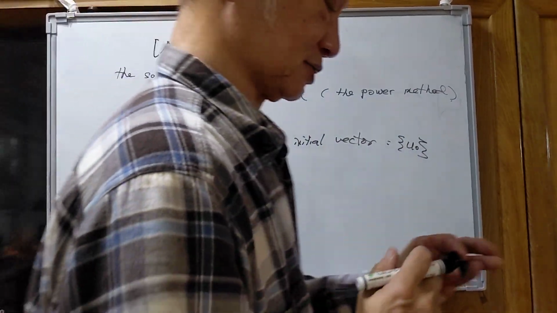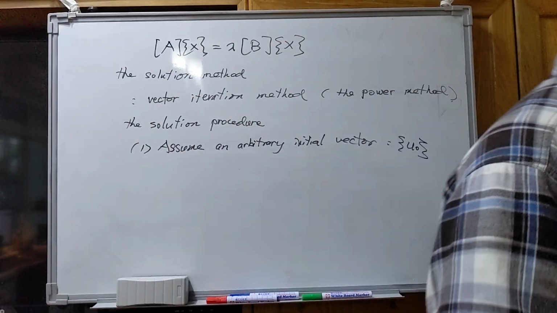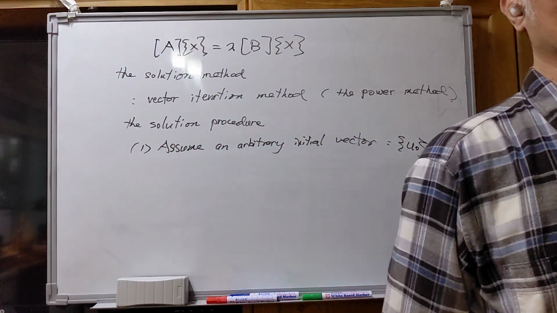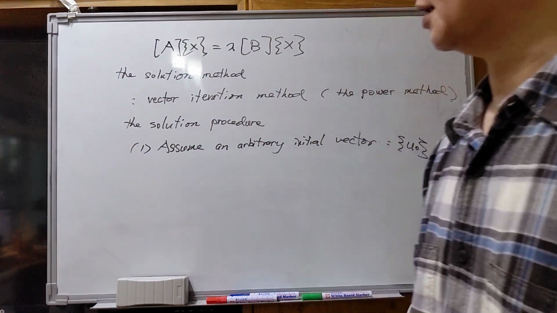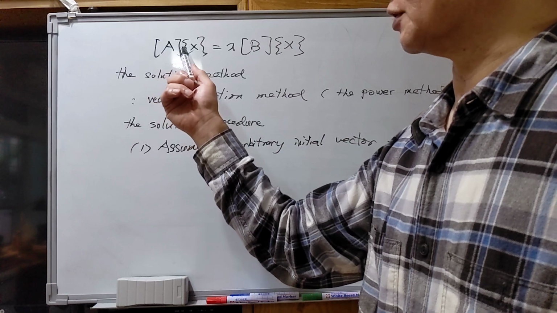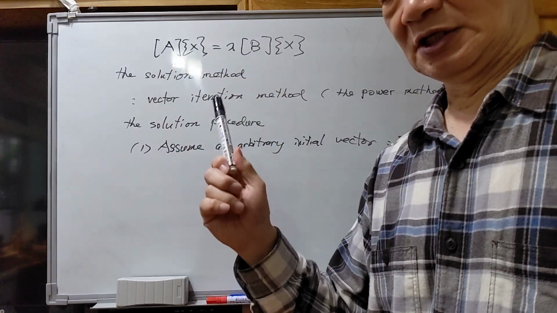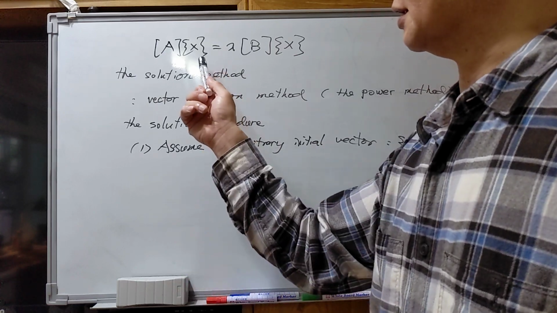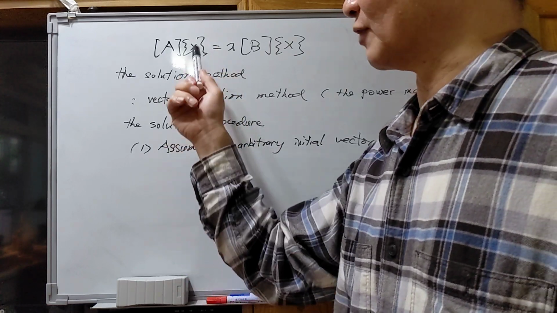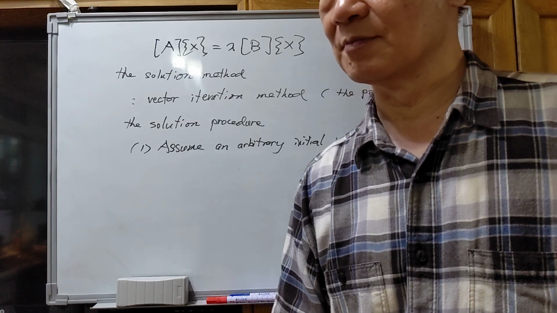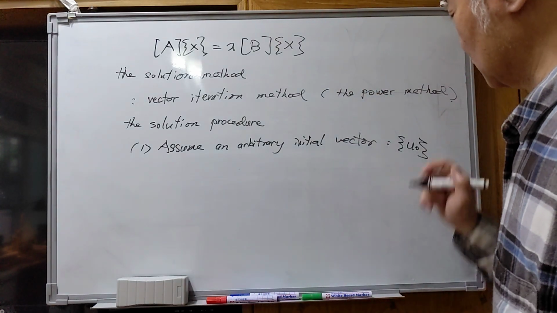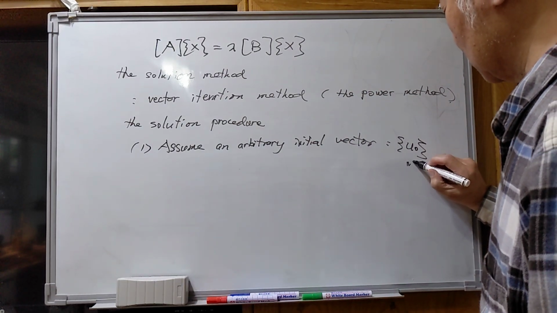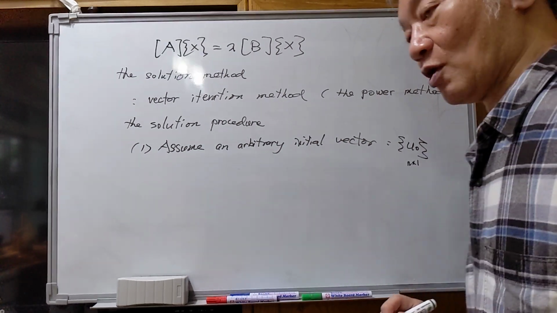You just assign arbitrary values to each element in this vector. And let's assume the dimension for the A and the B matrix, they are the n by n matrix. And the dimension for the eigenvector x should be an n by 1 matrix. So the assumed vector also needs to be an n by 1 vector.